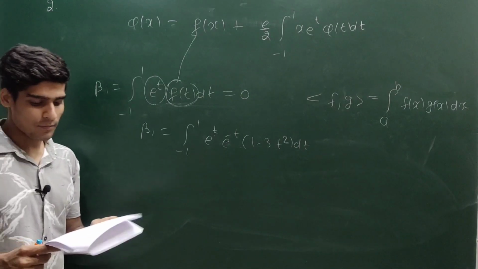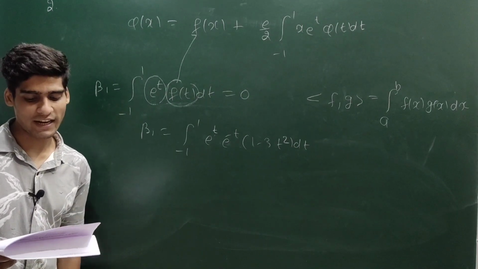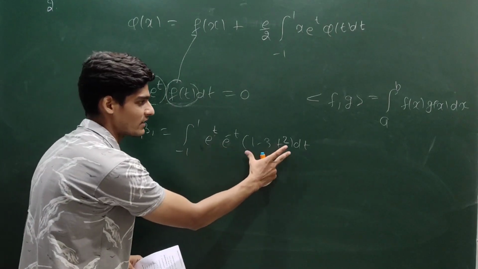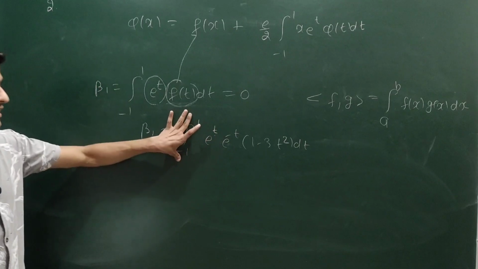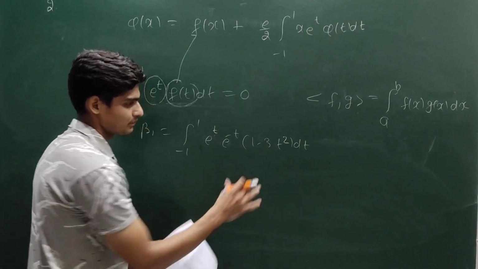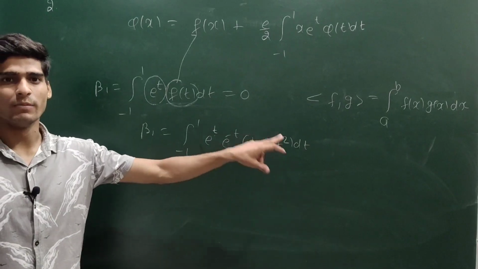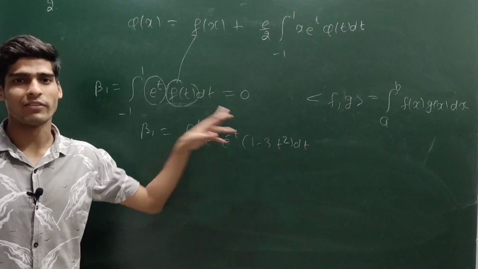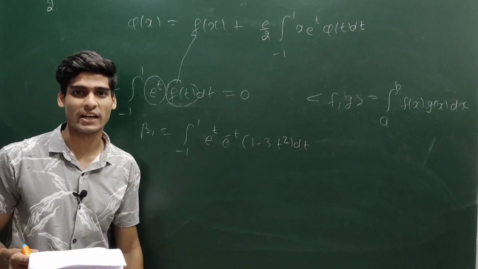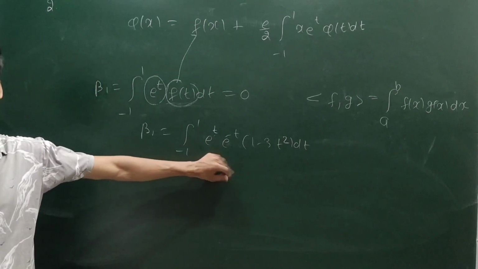That is why they have mentioned two functions in option C and option D. They are first removing this e power t, then creating such functions whose area vanishes in this interval. You can easily observe this function will be somewhere positive and somewhere negative. It cannot be throughout positive or throughout negative, because those options we discarded in option A and option B. That is the basic logic.